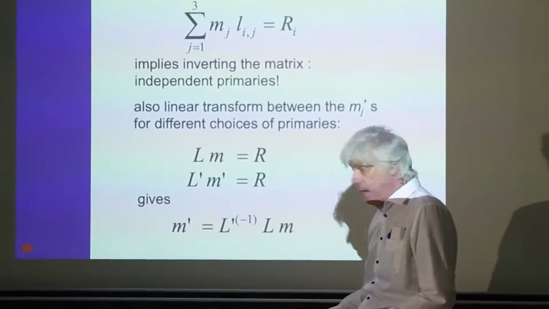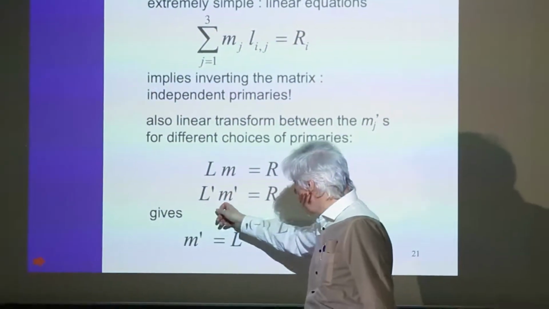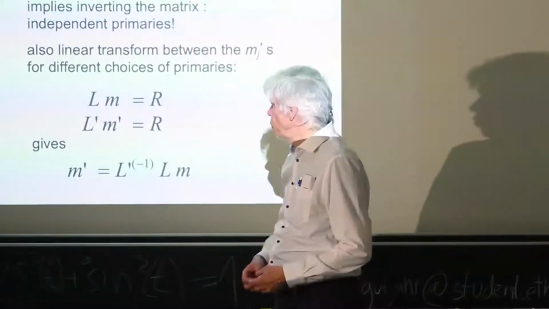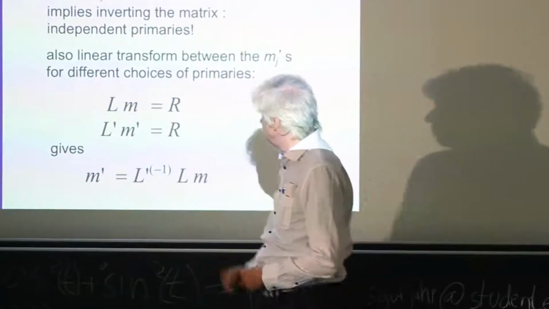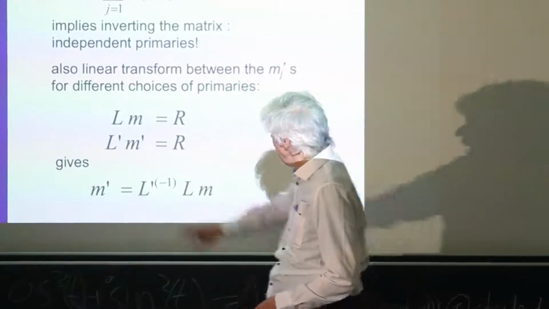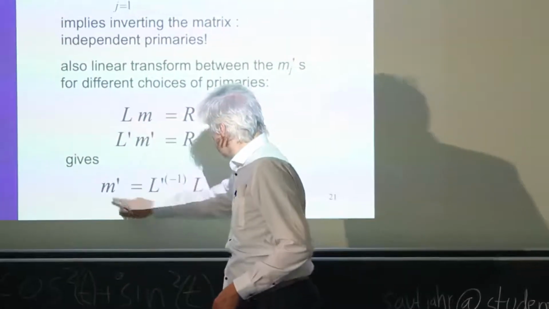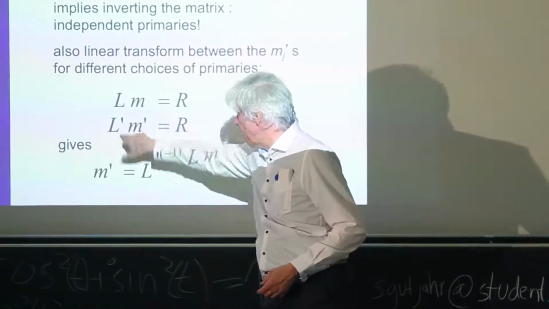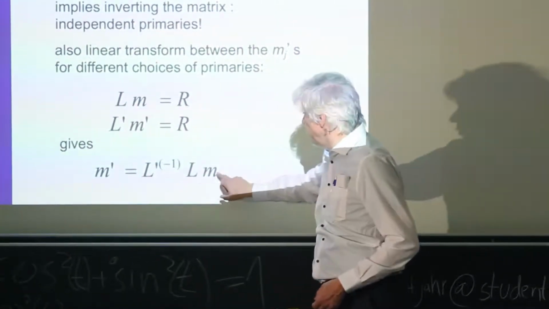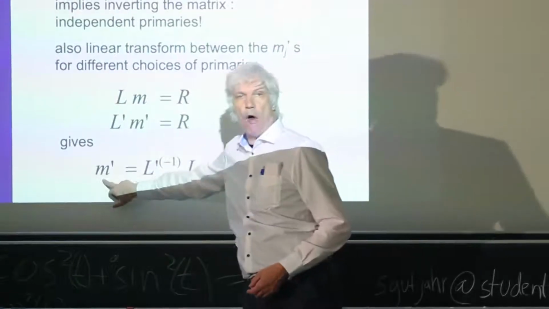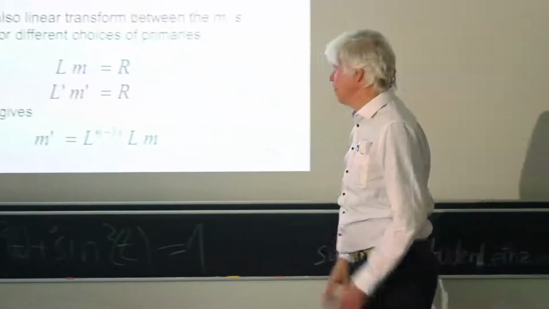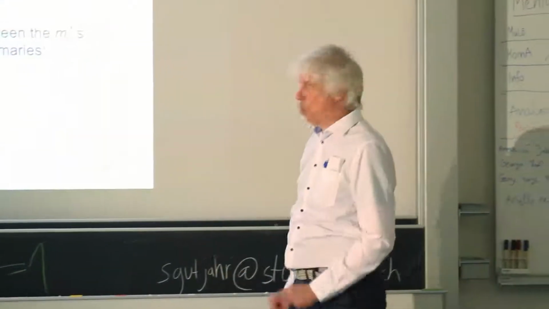And so accordingly, we'll now also have to apply or take different amounts of the 3 new primaries to get the same color. You can see that if you have solved for these m's here, you can just linearly, because both are 3 by 3 matrices, you can linearly derive from m the new amount for the new primary set. So everything is linear up to this point.